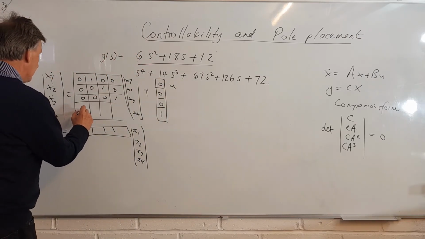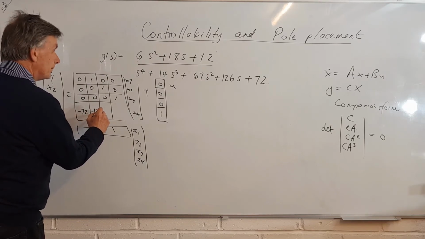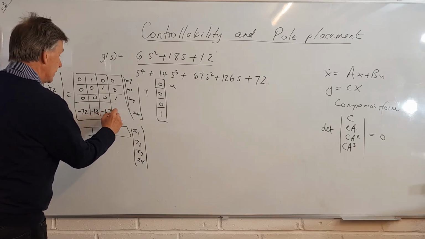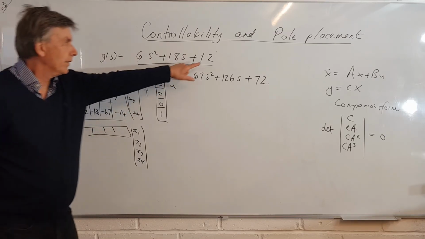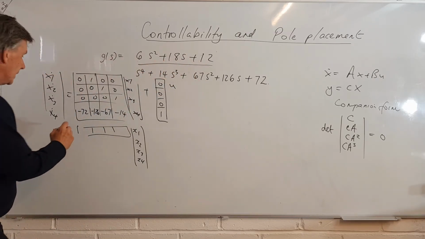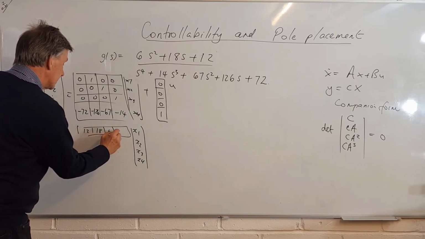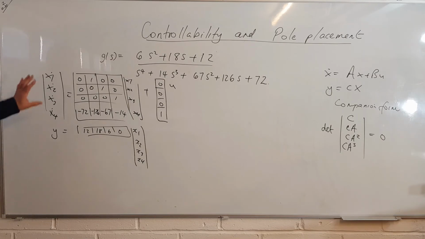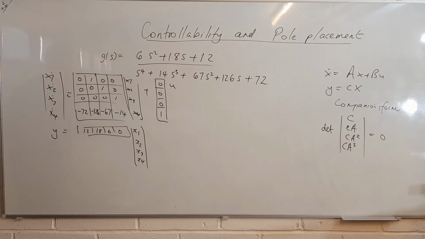So it's going to be minus 72, minus 126, minus 67, and minus 14. And these numbers here are those numbers there in reverse order. So it's going to be 12, 18, 6, and 0. So this now is our state space representation of our transfer function.